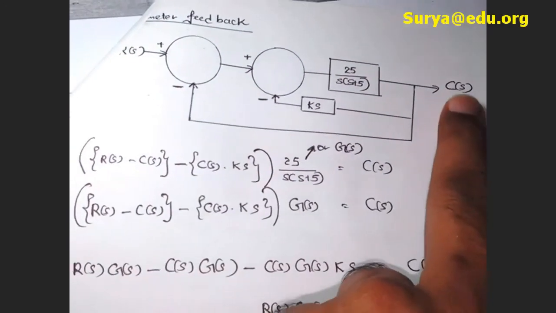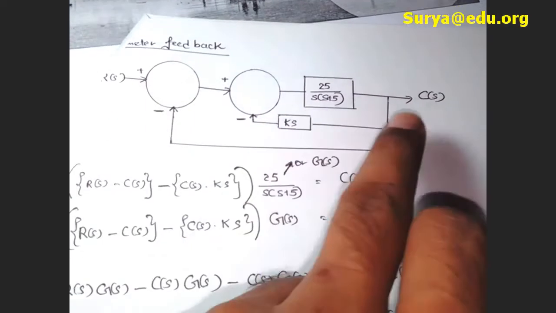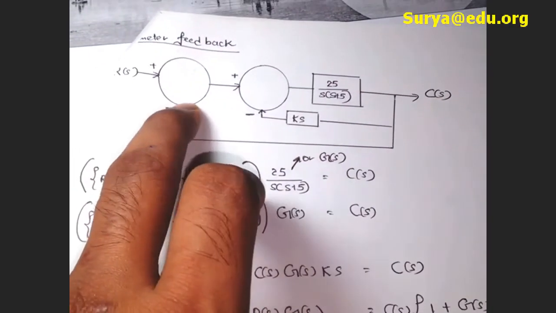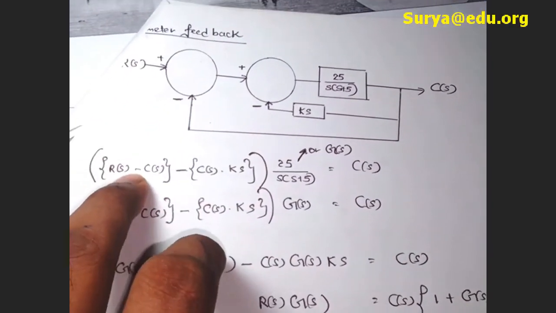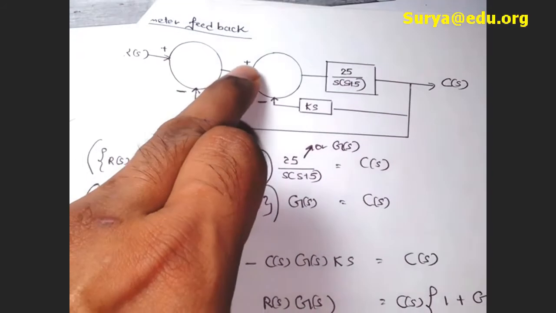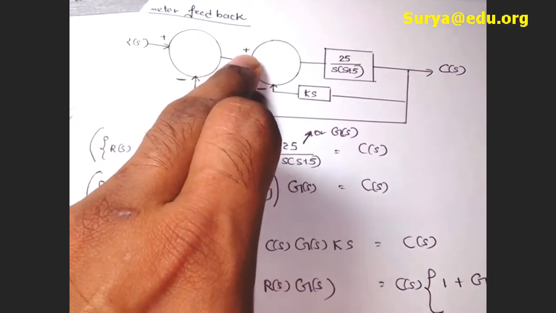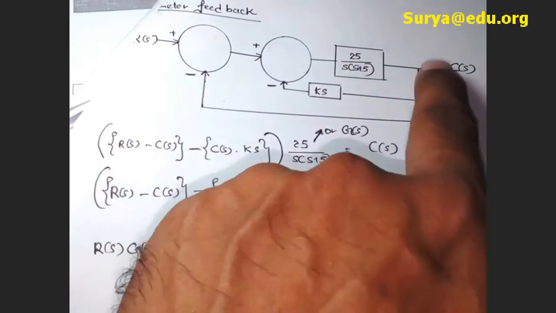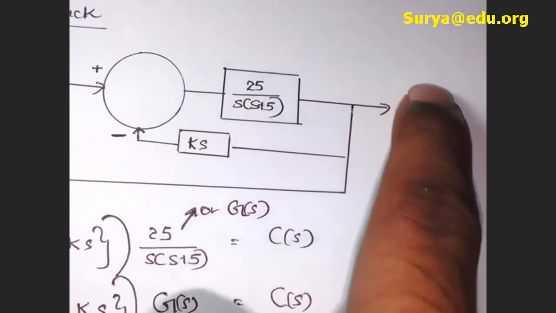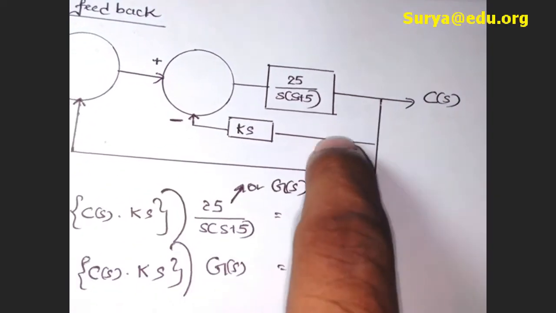Then again this signal, see, I will tell again. This is R(s), this signal C(s) comes, so this signal minus this signal, you get this one. That signal flows up to here, and then from that signal you have to subtract what comes like this. So this is multiplied by this signal C(s), dot dot dot, it comes like this.